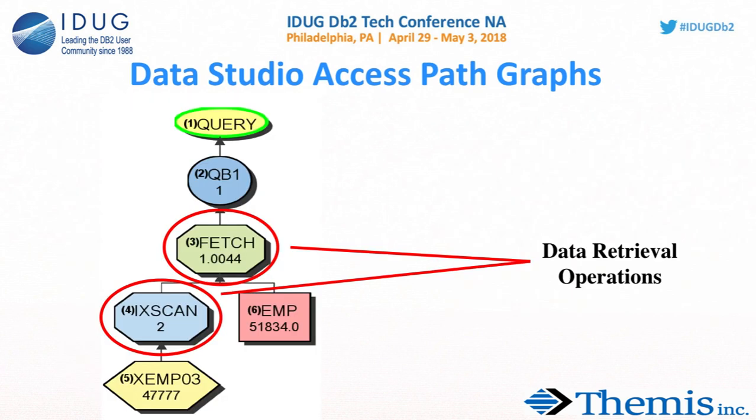Data retrieval. So your where logic gets applied at a couple of places. There's some predicates that, if DB2 chooses to use an index, are going to get applied at the index. The other predicates are going to get applied after it goes and gets those rows based on the index entries. So for example, if we go back to this query back here, last name, first name, it's going to use those 2 predicates to probe the index and find all the Joe Smiths.